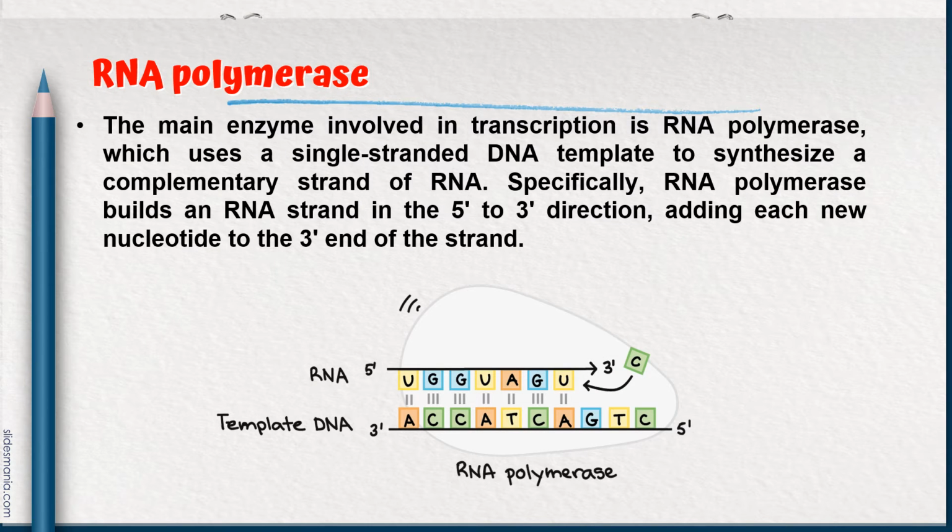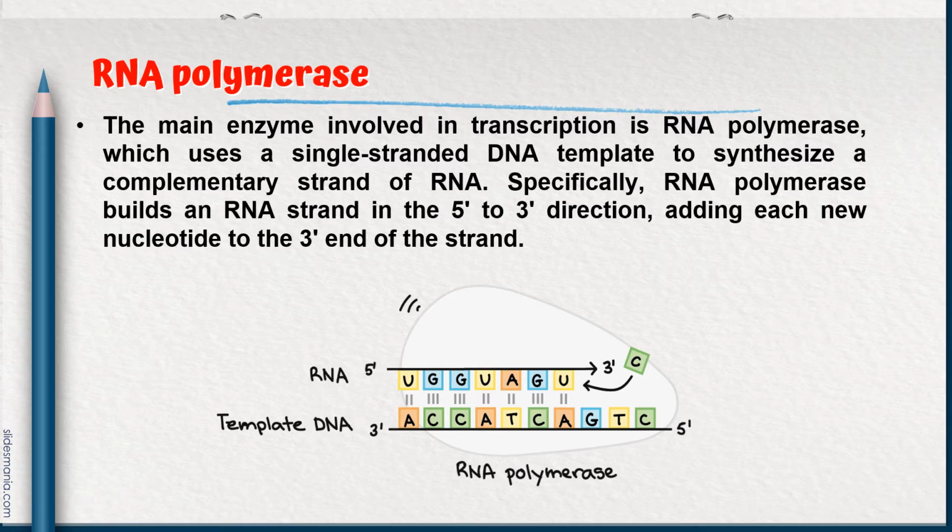Now let's talk about RNA polymerase. This is the main enzyme involved in transcription, which uses a single-stranded DNA template to synthesize a complementary strand of RNA. Specifically, RNA polymerase builds an RNA strand in the 5' to 3' direction, adding each new nucleotide to the 3' end of the strand.